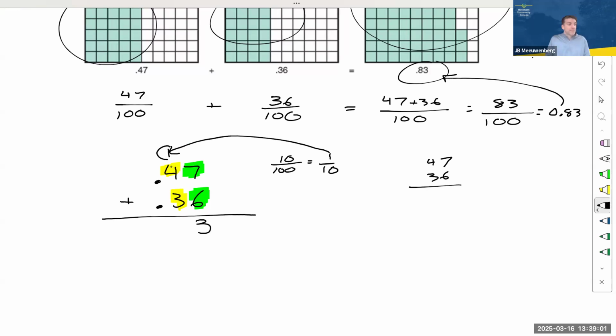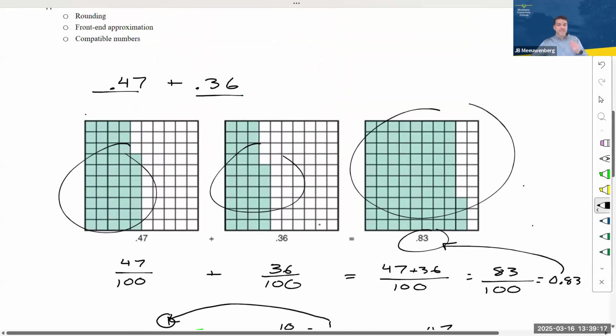Then we have 1/10 plus 4/10 plus 3/10, which is 8/10. And because we were adding hundredths together, we have that decimal point right down there, and we end up with 83 hundredths. Again, this is modeled also in this visual that we showed right there as well.